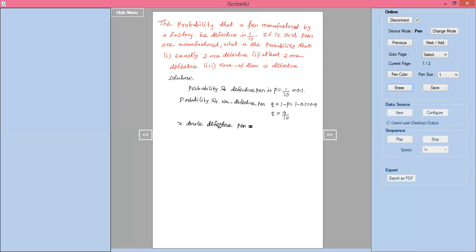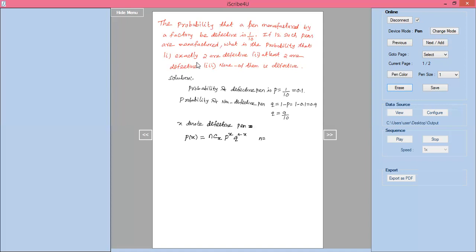Now I can find out. See, first, exactly 2 are defective. How many pens are there? 12 such pens. In that, exactly 2 means only 2 pens should be defective. How do you find this? Before going to this, what is the binomial formula? P of X equal to nCx into p power x into q power n minus x.